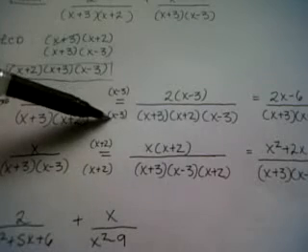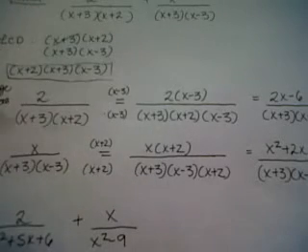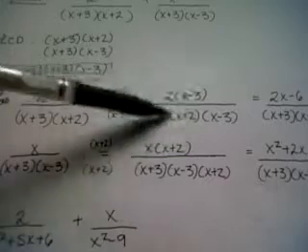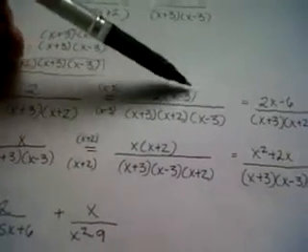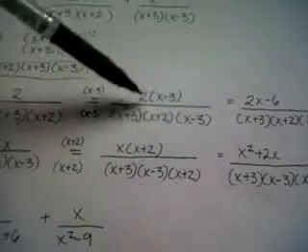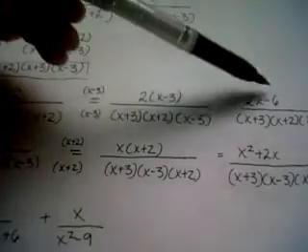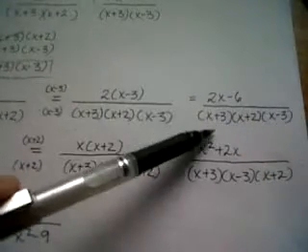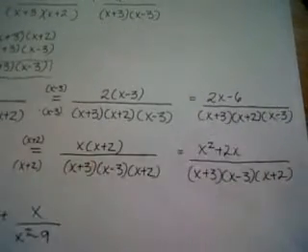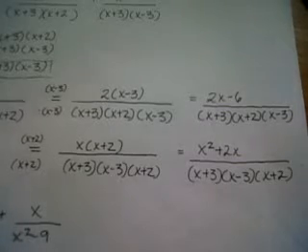But if I multiply the bottom by x minus 3, I need to multiply the top by x minus 3. So I went ahead and multiplied the top by x minus 3. Well, now I can actually use distributive property. So I'll use that distributive property, and I get 2x minus 6. So my new fraction became 2x minus 6 over x plus 3, x plus 2, x minus 3. That was my first fraction.